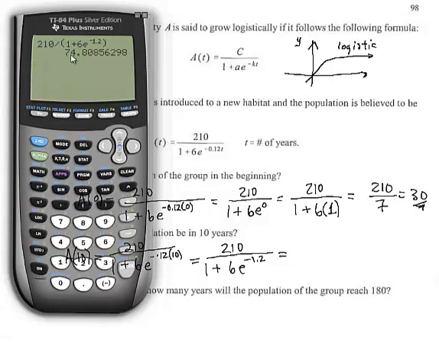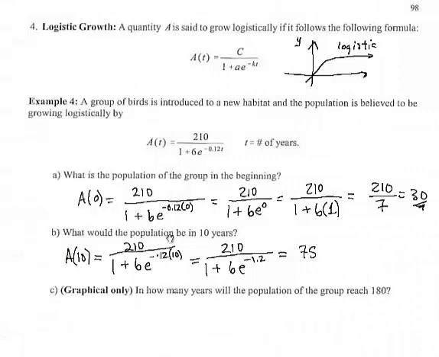If we round it to the nearest whole number, we get 75. So in 10 years our population increases from 30 to 75 birds.